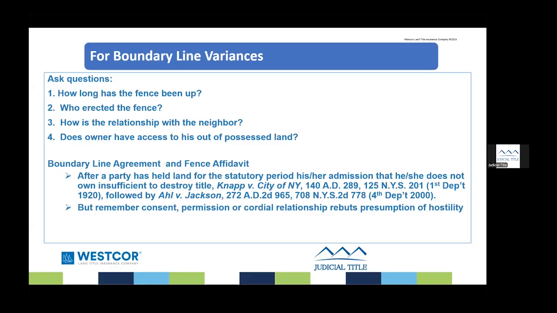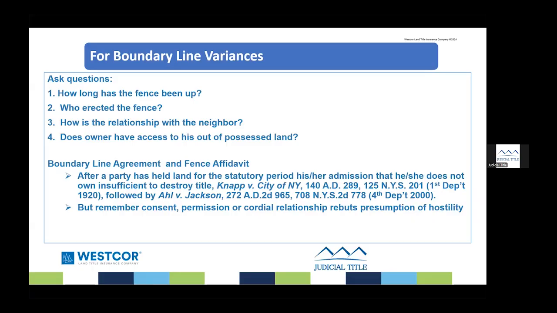So it's important to ask questions. How long has the fence been up? Who erected the fence? How is the relationship with the neighbor? Because that's always going to be important. Depending if you get some sort of agreement, does the owner have access to his out of possession land?